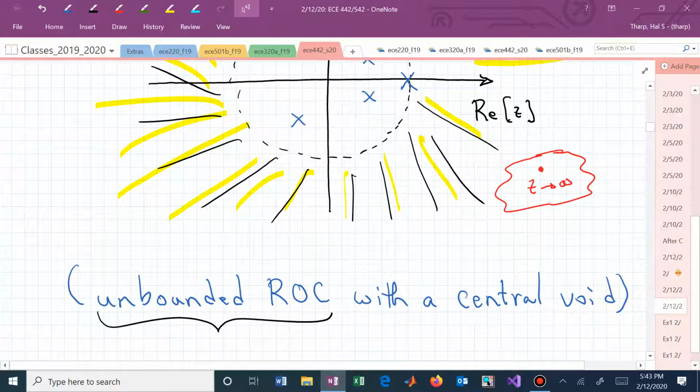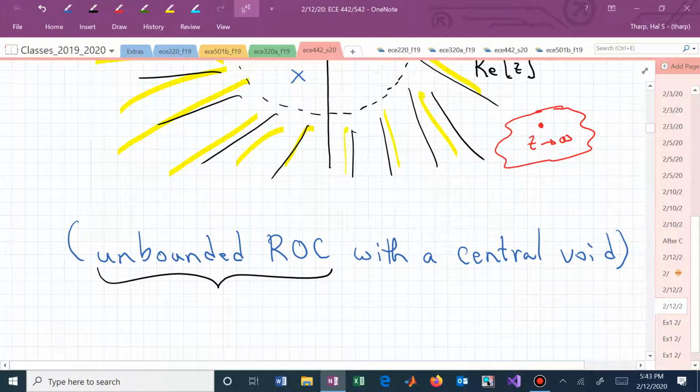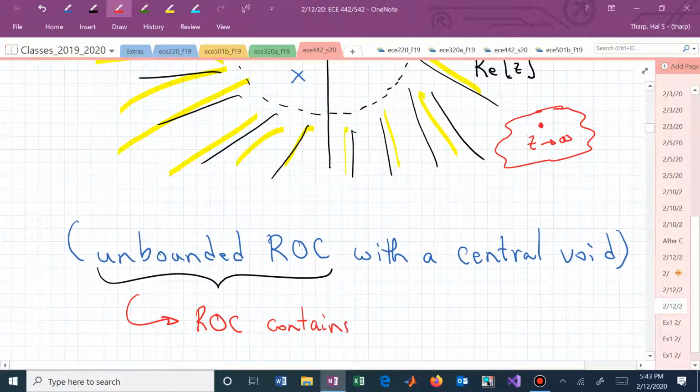That's the first paragraph that I tried to make clear, is that those two conditions are independent, but they are connected, as we will soon see. But now, unbounded region of convergence really just says that the region of convergence contains, or includes, maybe I should say includes, infinity.